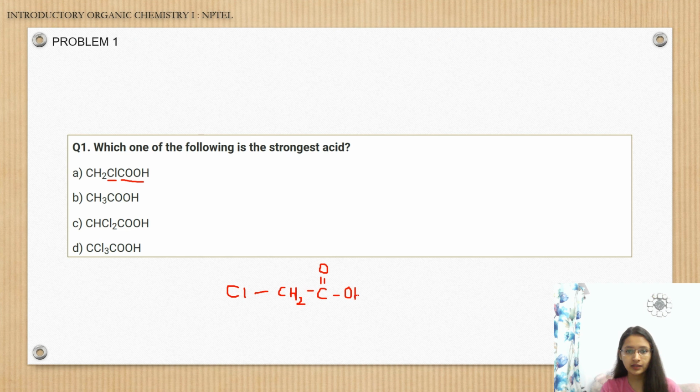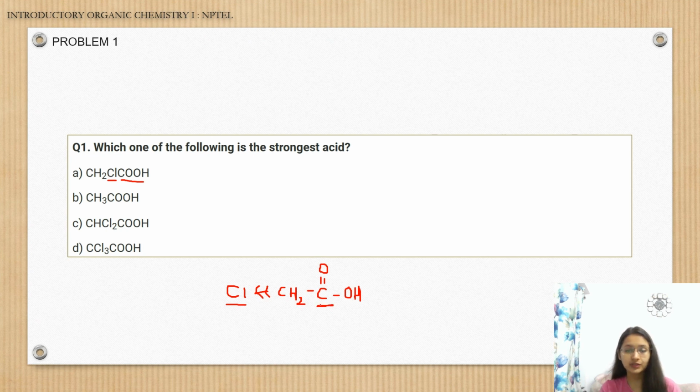Now, this chlorine atom, being electronegative, will push the electron density towards itself. In pulling electron density from this carbon, it in turn pulls electron density from the carbon of the carbonyl group, so it is making the carbonyl carbon more electropositive in nature.